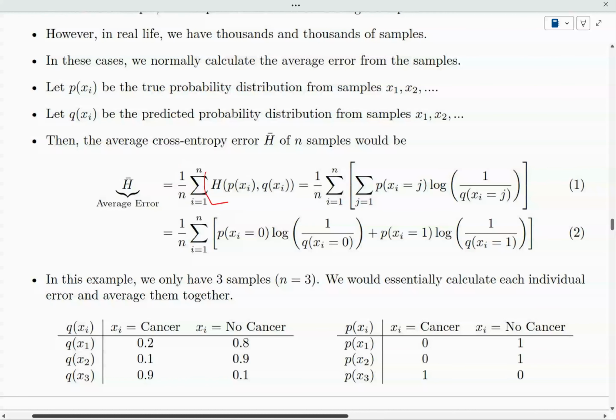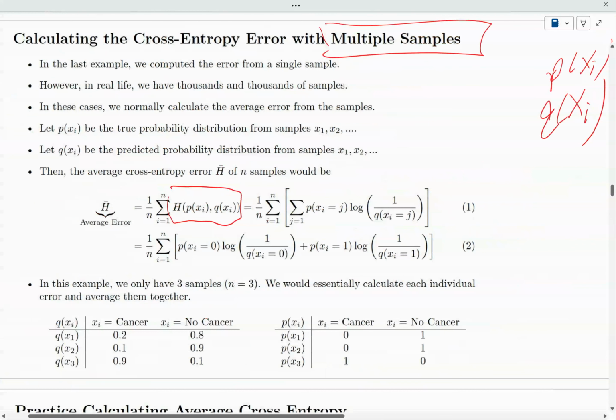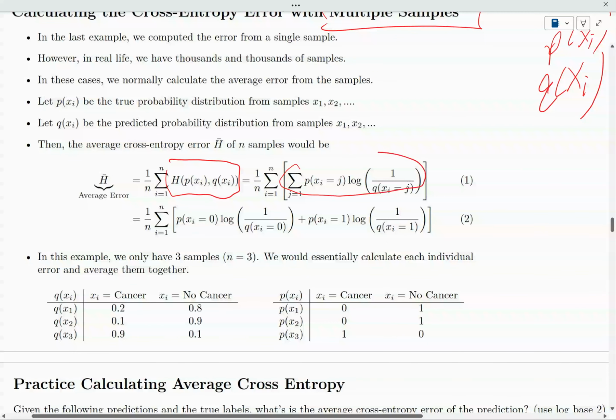So, what was the equation for entropy? Well, the equation for entropy is P times the information of Q. Therefore, now we can split this out. When we split this out, we have the probability that x is equal to 0 times the log of our prediction, and then the probability that x equals 1 times the log of 1 over our prediction, right?